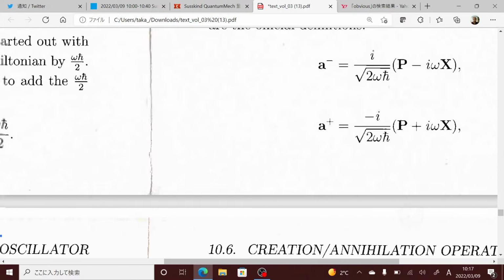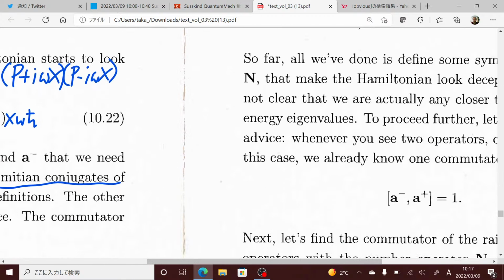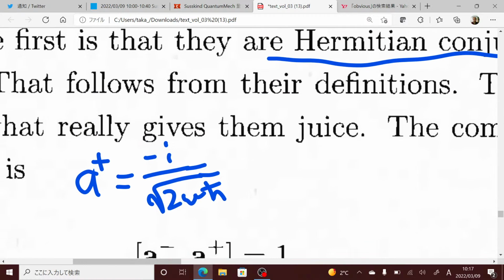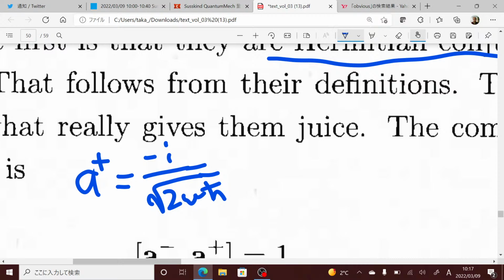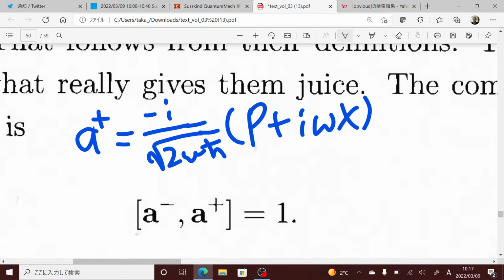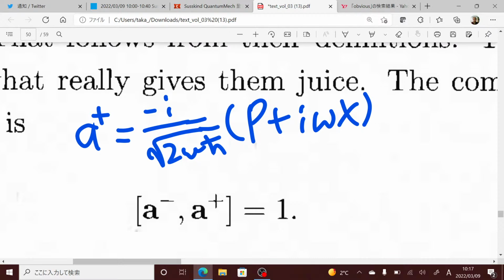Minus I over square root 2 omega h bar times P plus I omega x. Then we consider the Hermitian conjugate.